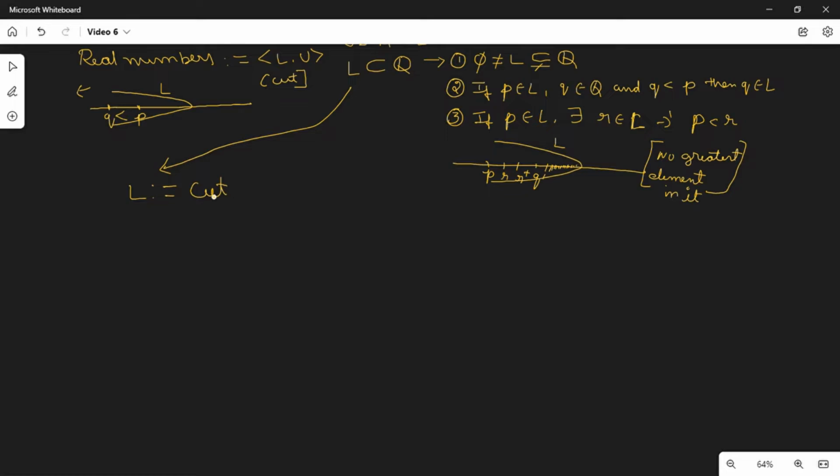So Rudin calls this L itself a cut, and he denotes it not by L, but by alpha, beta or gamma. With every alpha there is one real number, with every beta there is one real number, with every gamma there is one real number. So maybe he is using alpha, beta for that purpose.